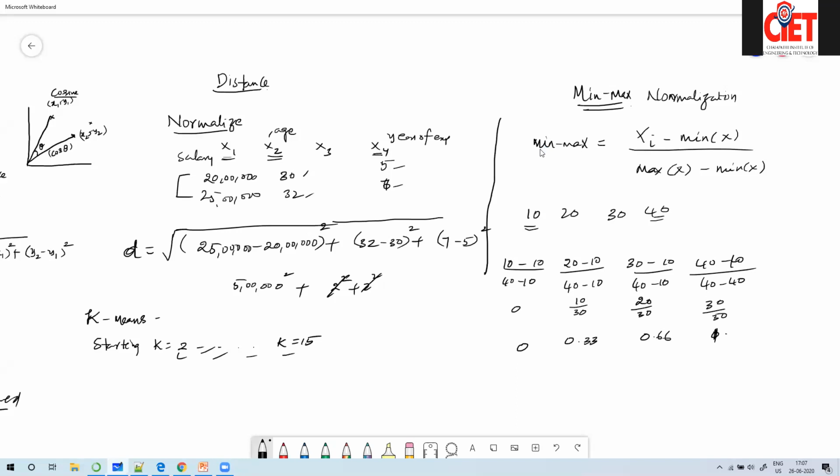So in min-max normalization, no matter how the original values look, the min-max values would always be between 0 and 1.